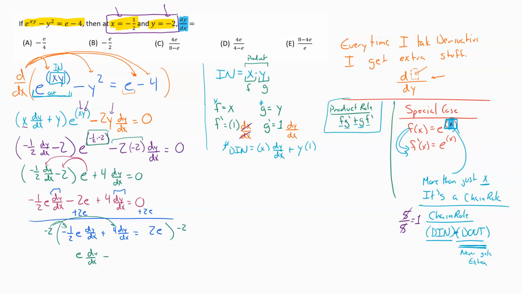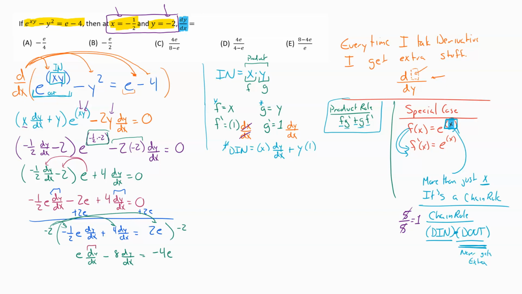Multiplying that down here would get us -8 dy/dx. And then that's going to leave us with a -4e at the tail end. And that's just an algebra trick that they like you to use a lot of times, when you're dealing with these problems, you want to clear that fraction if you can.